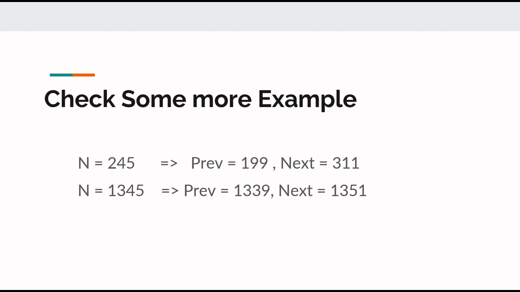And for the previous number, once we change the first recognized even digit from the left side, we will change all the digits on the right side to 9, because that will be the biggest number less than number n. And similarly, for getting the next number, we will change the first recognized even digit from the left side to its greater odd digit, and all the digits on the right side of it will be changed to 1.